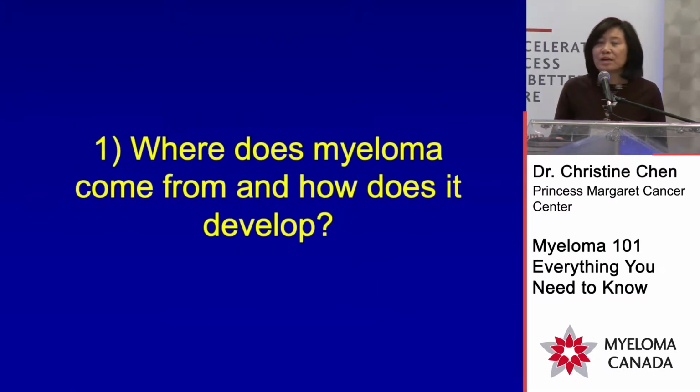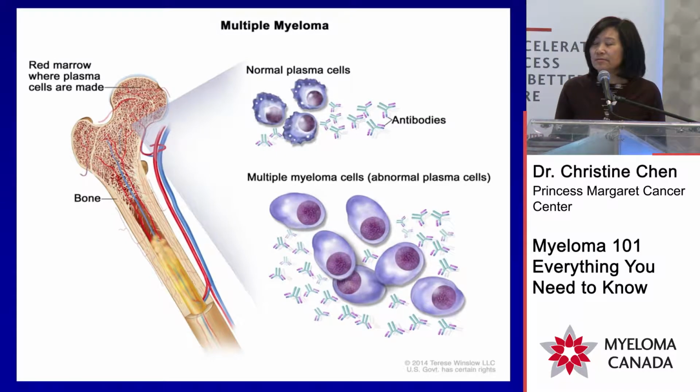So number 1, where does myeloma come from and how does it develop? Well, we all know that myeloma is a disorder of plasma cells. Plasma cells are blood cells that normally derive from the inside of our bones, in the bone marrow. And these plasma cells normally have an immune function.